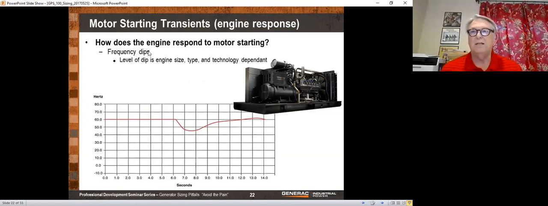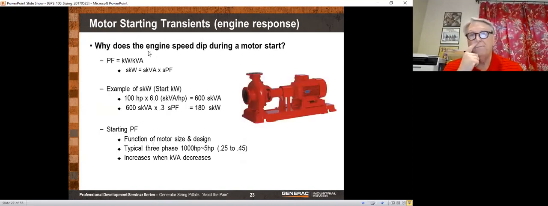But it's going to take a little bit of time, and while the voltage regulator is generally going to recover in a fraction of a second, the engine speed will maybe take several seconds to get back to full speed in a worst case, very large motor start. So fortunately, as I said, most loads don't really care too much about frequency drop.